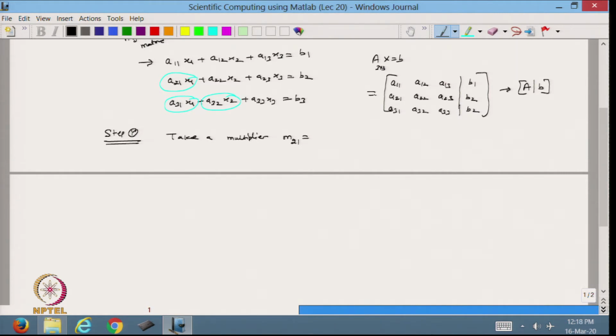Whatever I am going to do, I am going to do with this augmented matrix. Generally we represent it by a tilde. Now, I take a multiplier. I will divide the first row by A11 and multiply by A21 with a negative sign, and then add to this one. So, this will make it 0. So, the multiplier is M21 equal to minus A21 by A11.